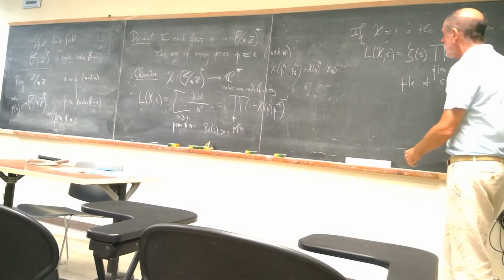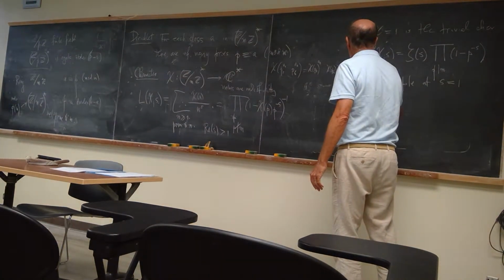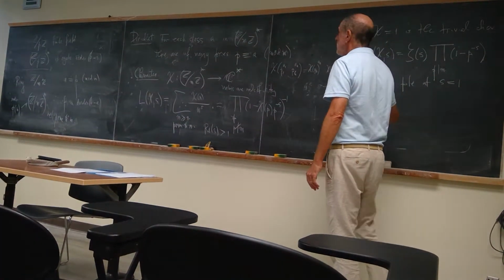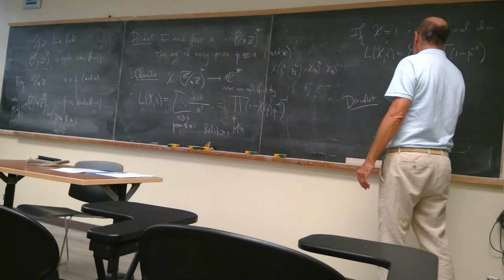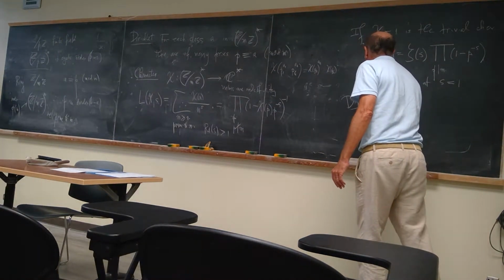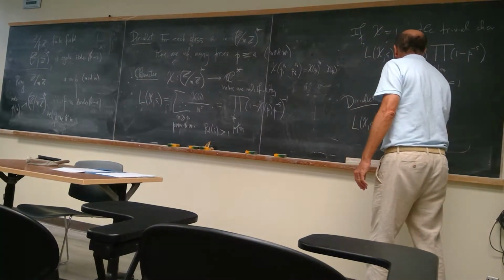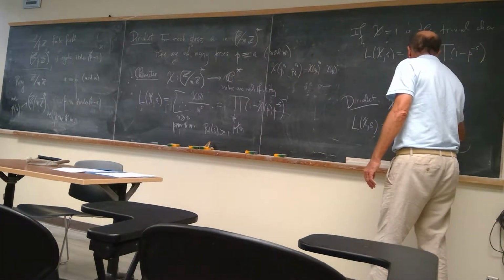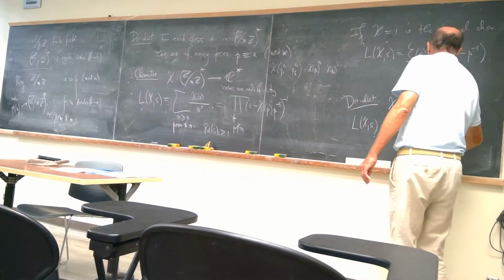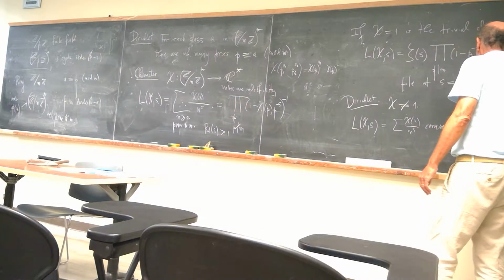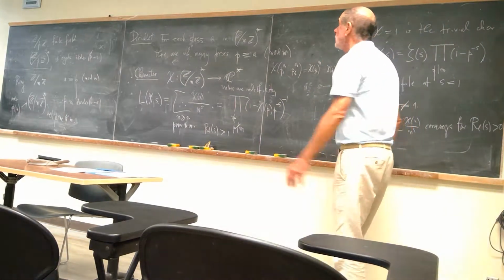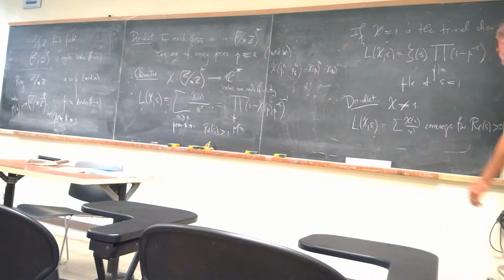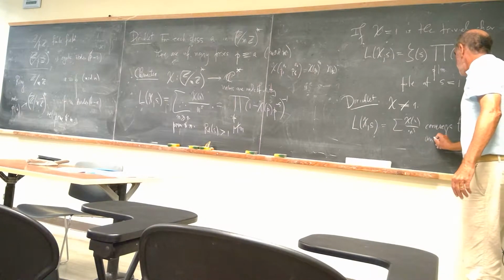But Dirichlet is going to prove, and this is the main content of his theorem on primes in arithmetic progressions, that if chi is not the trivial character, then first of all, L chi S, this series, converges for the real part of S greater than 0. It doesn't converge absolutely, because if you take the absolute values, you get back to the zeta function, but it converges conditionally for the real part of S greater than 0, so it defines a holomorphic function.